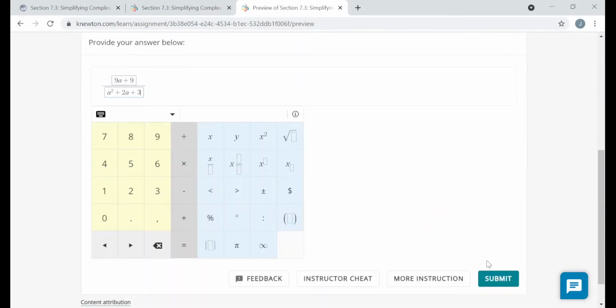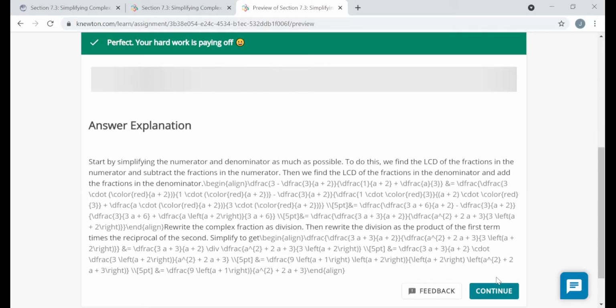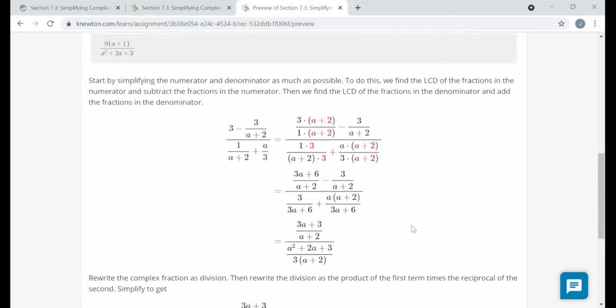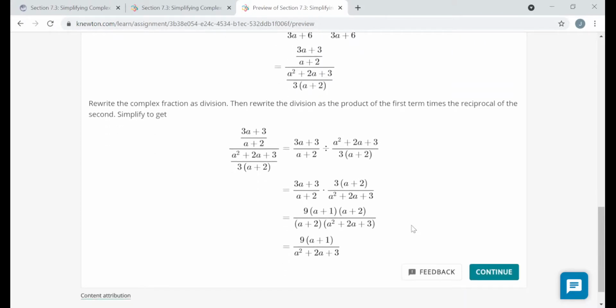And that should be good. Wonderful. And once again, please read through the answer explanations. See, they're changing the division to multiplication by the reciprocal.